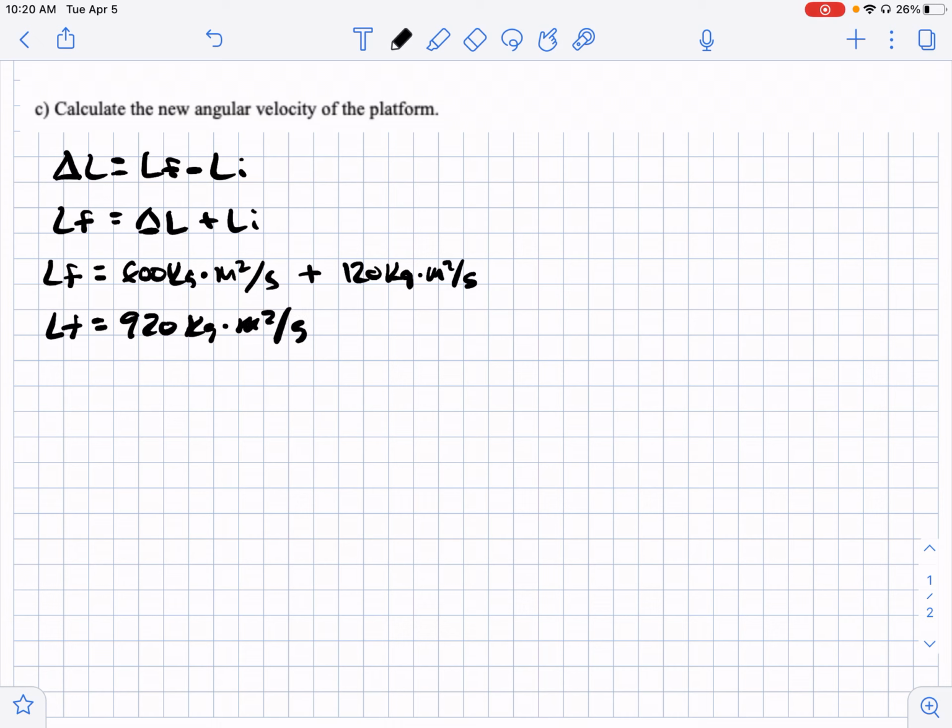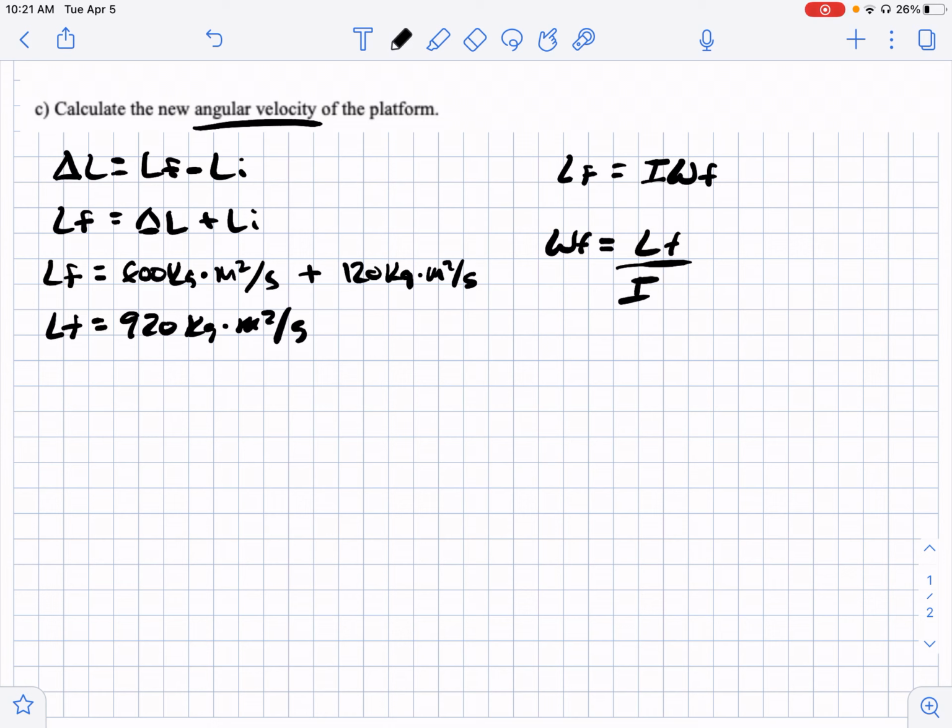Once we know the final angular momentum, now we can solve for the final angular velocity. So the equation, the final angular momentum, is going to equal the rotational inertia times the final angular velocity. And we could rearrange that equation. So the final angular velocity will equal the final angular momentum divided by the rotational inertia.